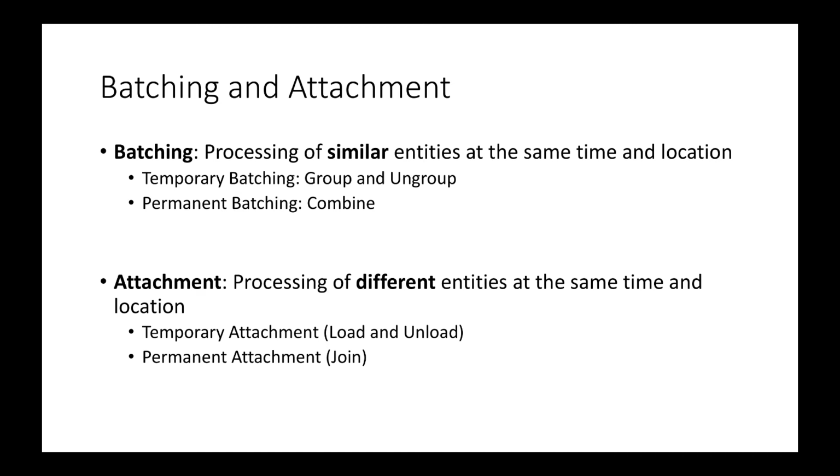Let's go through one example and see how we can implement temporary attachment in ProModel. Please go to the folder for week 5 and open the shipping boxes model in which we learned permanent attachment. We are going to make some modifications in that model, and through those modifications, we are going to learn how to implement temporary attachment.